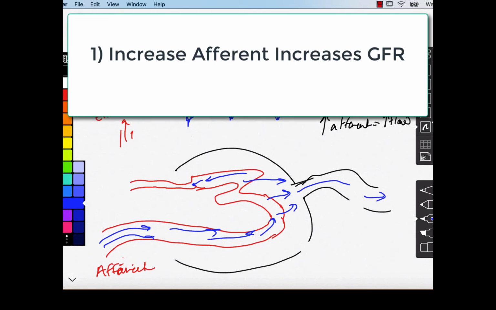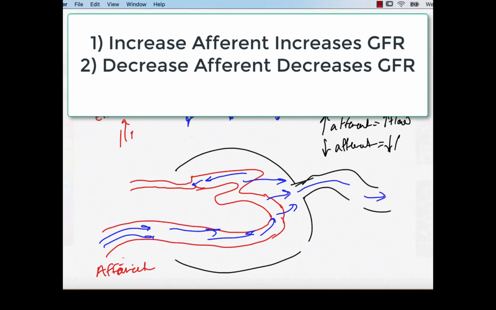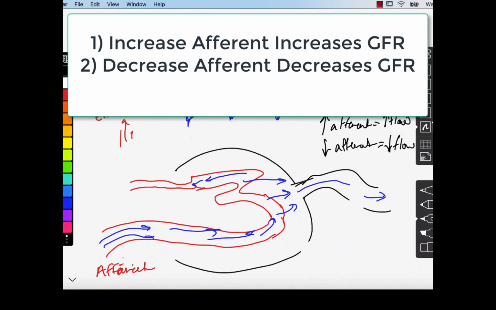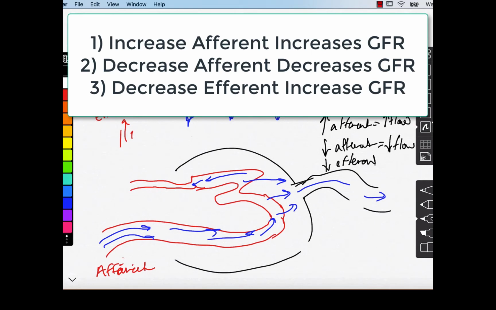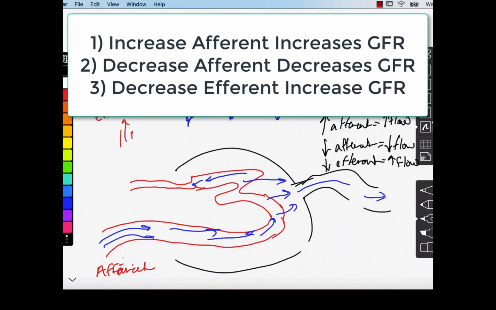When we decrease the afferent arteriole, we create a choke point, and that makes it harder for the fluid to get through to the rest of the nephron. So that's going to decrease flow. When we decrease the efferent, that backs up the fluid and actually makes it go out of the glomerulus, again increasing flow. And this flow is glomerular filtration, right? So flow through the glomerulus.